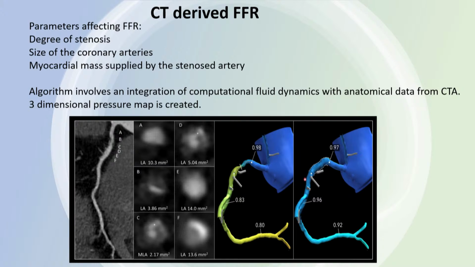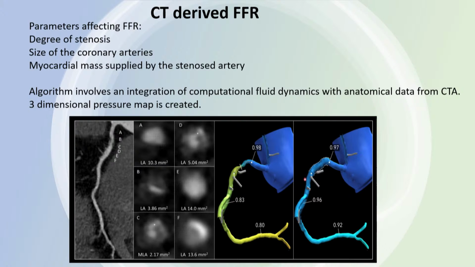HeartFlow is the company that's providing the service across North America. They have an algorithm involving computational fluid dynamics with anatomical data from CT, which generates these three-dimensional pressure maps, which are color-coded. Lower CT FFR values, abnormal being defined as less than 0.8, are coded as orange, and then deeper shades of orange and red.